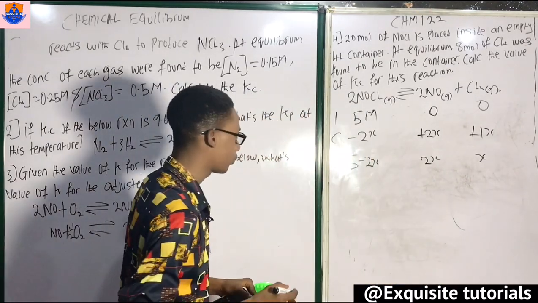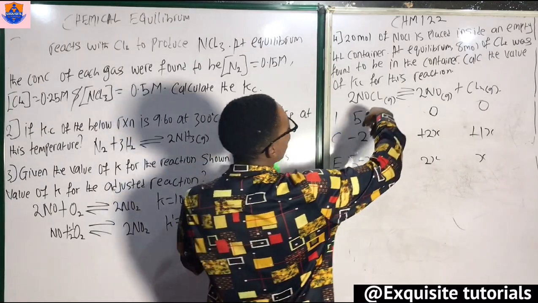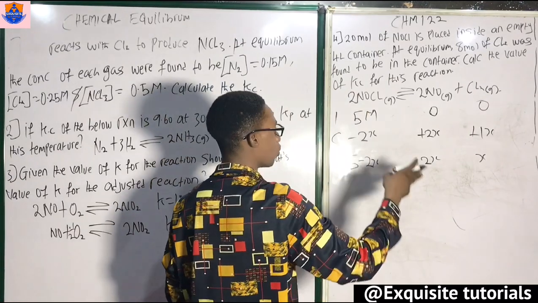So now, how do we calculate our Kc? The question further said, at equilibrium, 8 mole of Cl2 was found to be in the container.